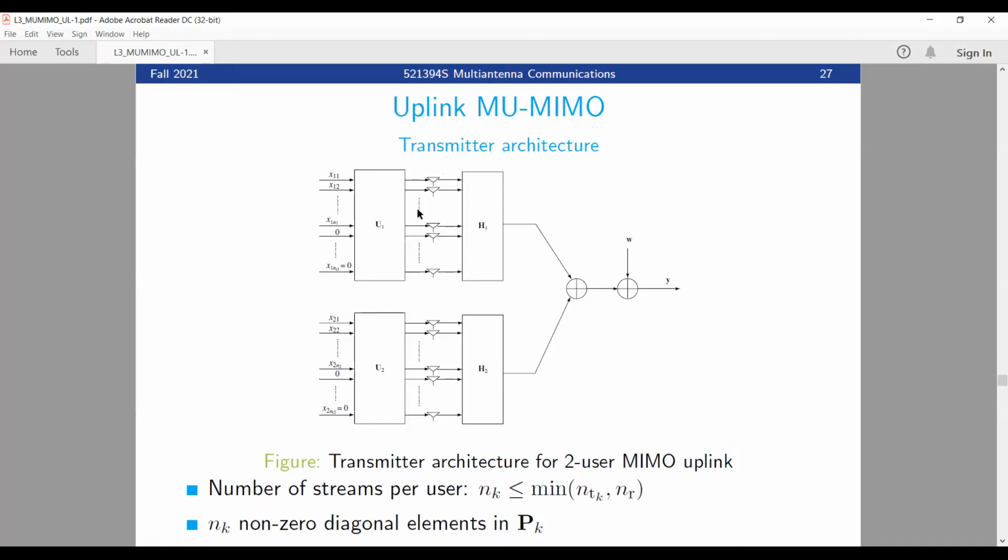The number of streams is upper bounded by the rank of the individual channel matrix, the minimum of NTK and NR. But it can be less, especially at low SNR, where it doesn't make sense to transmit more than one stream, focusing all power on one stream per user.